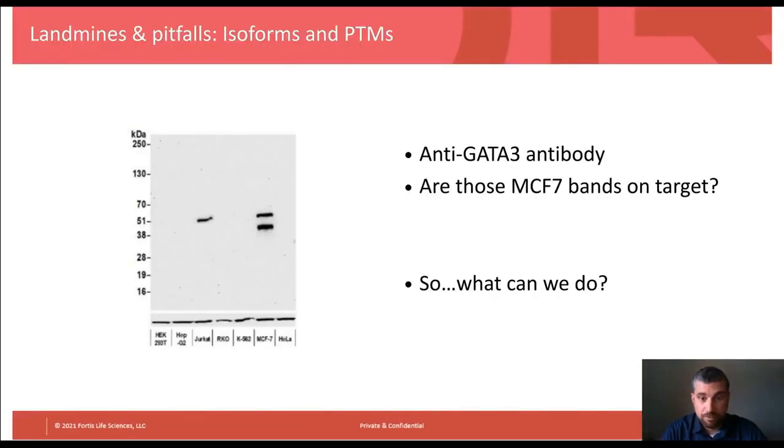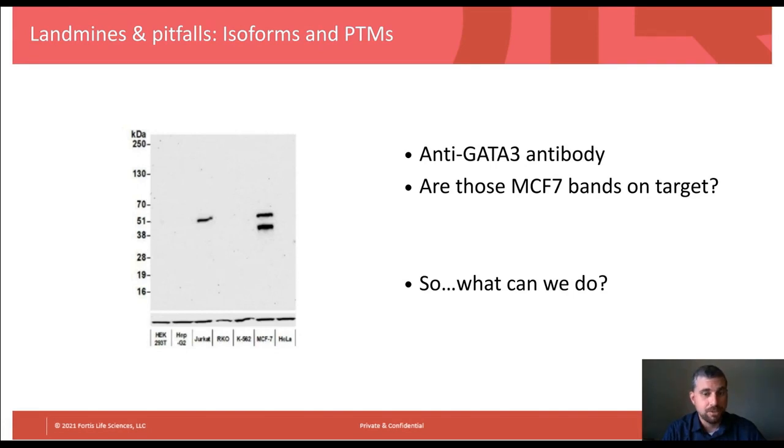One other potential problem is when you're seeing multiple bands showing up in a single lane. Oftentimes these can be associated with different isoforms, or even tissue or cell line specific isoforms, or some sort of post-translational modification, a phosphorylation or a glycosylation event.